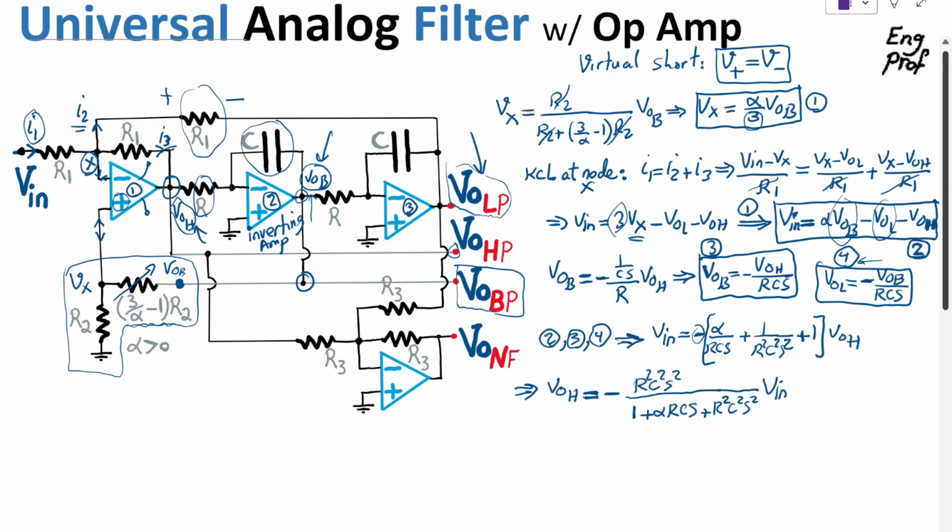So this, basically V out over Vn, is the transfer function. So this is the transfer function in the S domain.